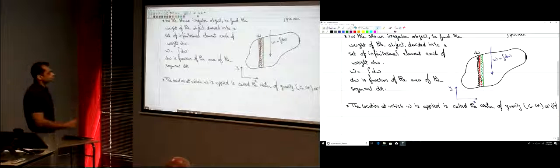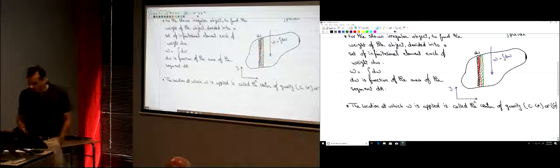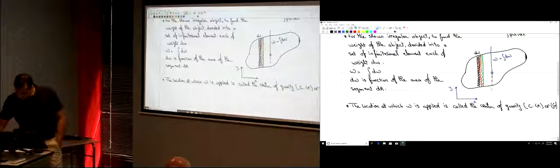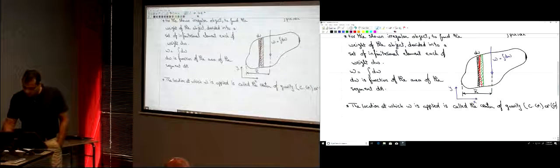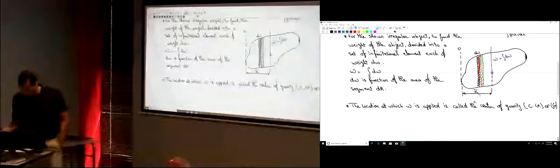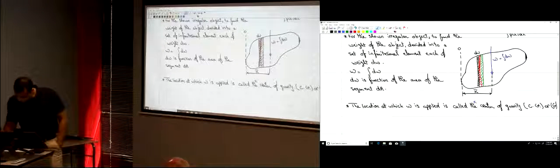So where's that point? Where's that point? So those are forces, right? The weight of each segment is a force, right? So let's take moment here about this line, O, okay? Let's say this is the origin here.